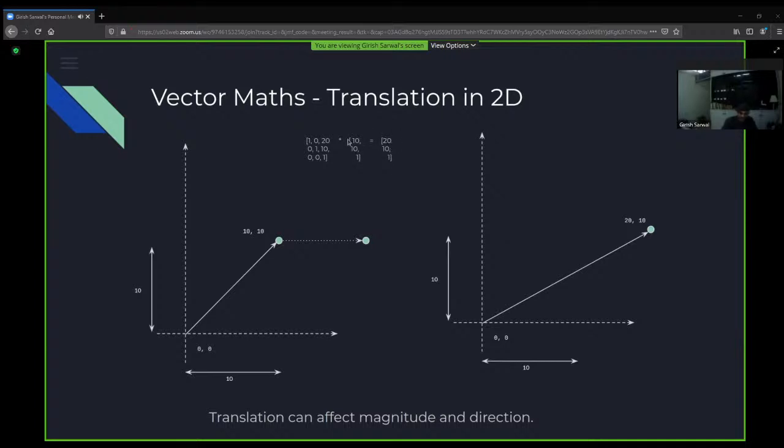This is very similar to the main vector, but the point x has been translated by 10 points, whereas point y remains the same. So when we apply this kind of calculation onto a vector, we get a new vector which has the new coordinates. What we have to remember typically is that translations can affect both the magnitude and the direction of a vector.